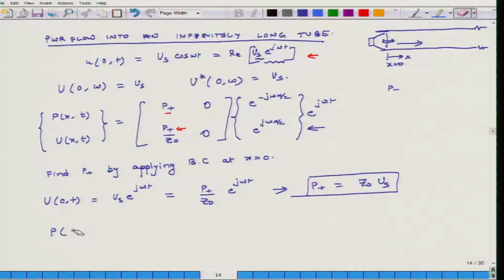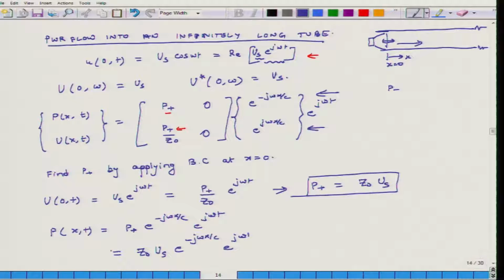So, our aim is to find p at x, t, which is equal to P plus e^(-j omega x over c) e^(j omega t) from this equation, and P plus is z naught times u_s. So, this is equal to z naught u_s e^(-j omega x over c) e^(j omega t).